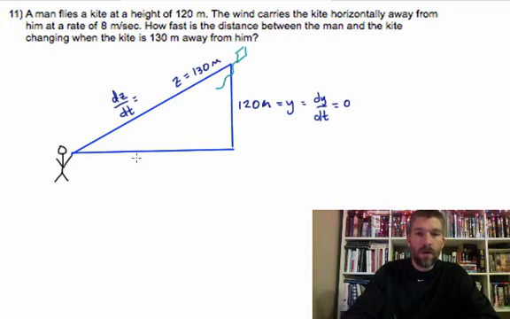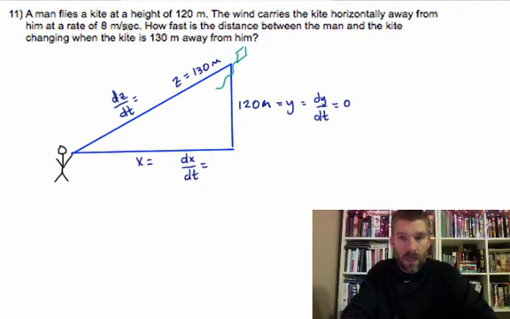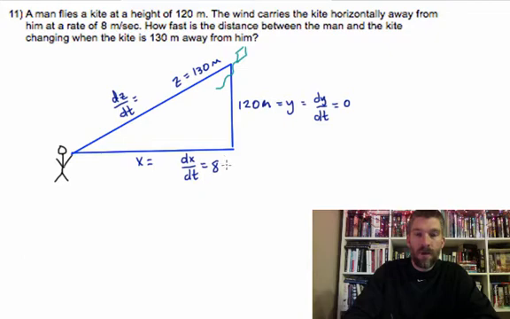So the only thing we don't know down here is x. We don't know what x is, but we do know from our problem the rate of change of x. The wind carries the kite horizontally away from him at a rate of 8 meters per second. So dx dt is 8 meters per sec.